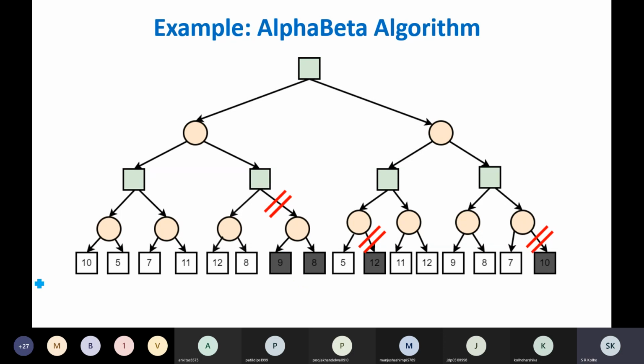In that case, you would have evaluated only 1, 2, 3, 4, 5, 6, 7, 8, 9, 10, 11 and 12 nodes out of 16 nodes. Only 12 nodes would have been evaluated in the case of the alpha beta cutoff algorithm. You can solve this at home. Already we have seen that.